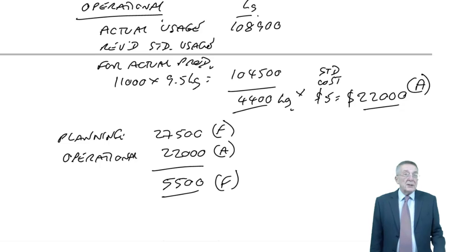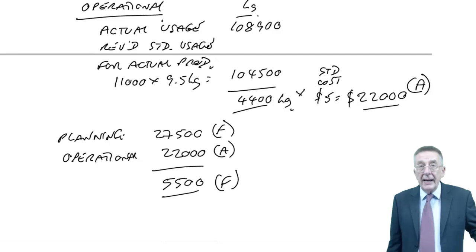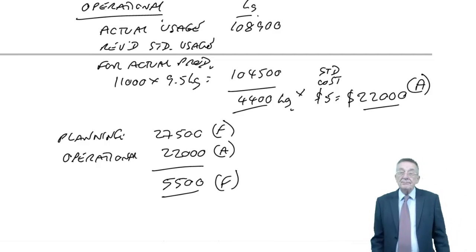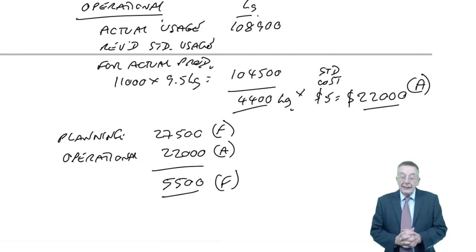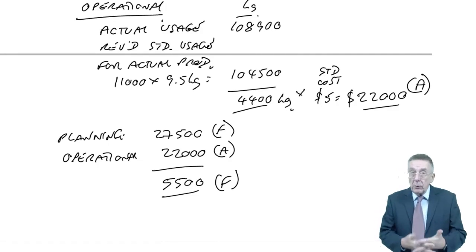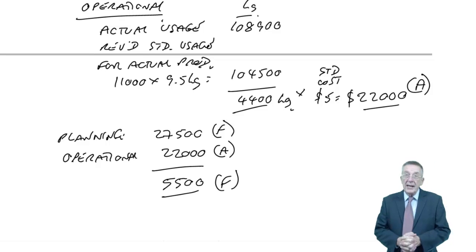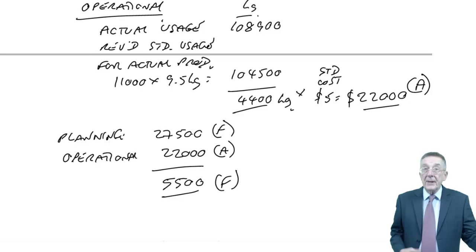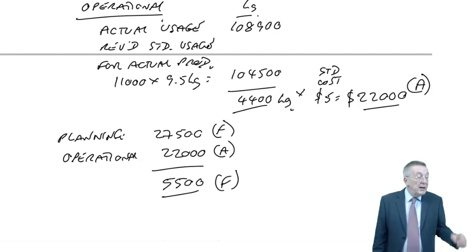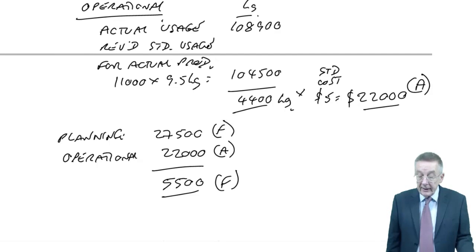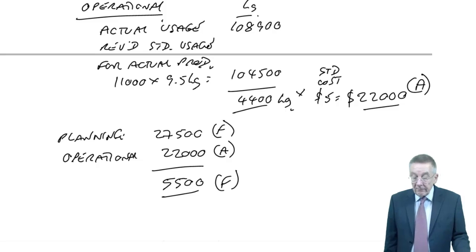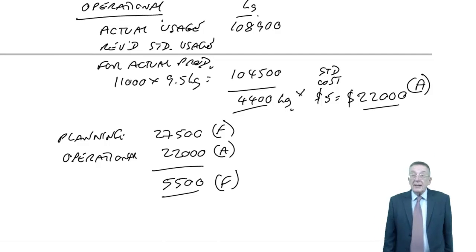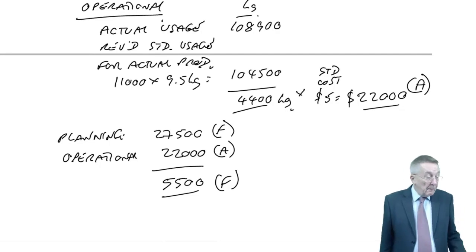But we would need to think about, has it lost us money elsewhere because the product's not as good, or whatever. But that's reading the question, and finding out what they tell us about why we changed the standards, why we changed the usage to 9.5, why the price changed to 4.85. So have a look back at that. I hope that makes sense.